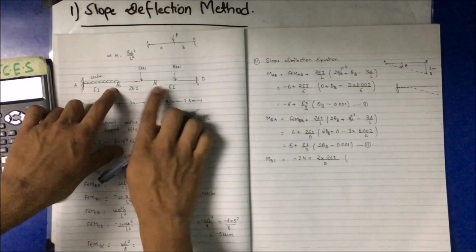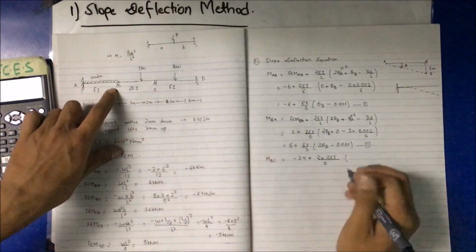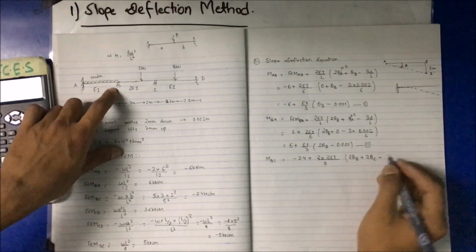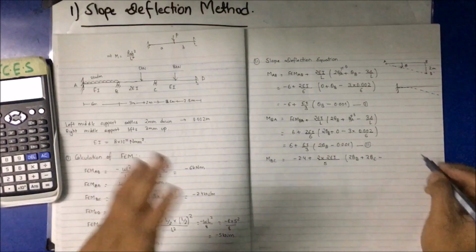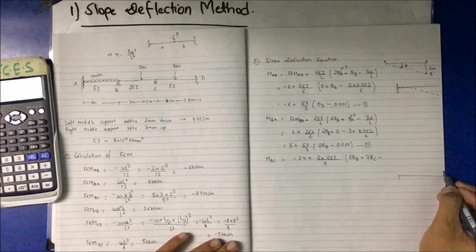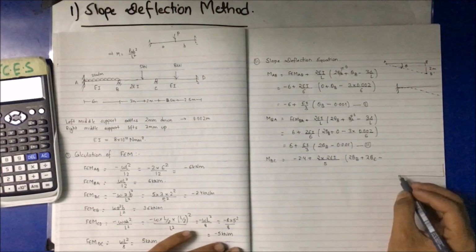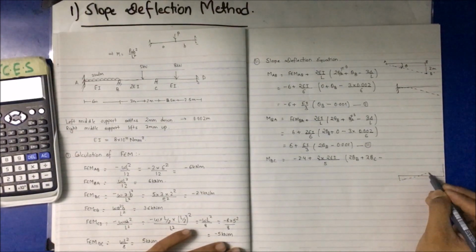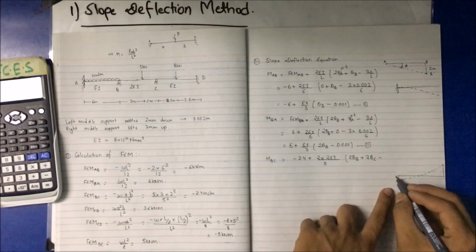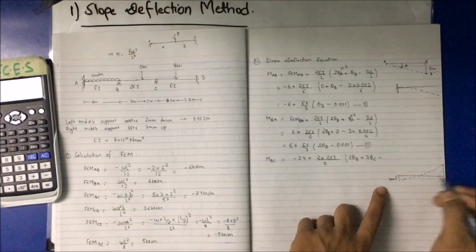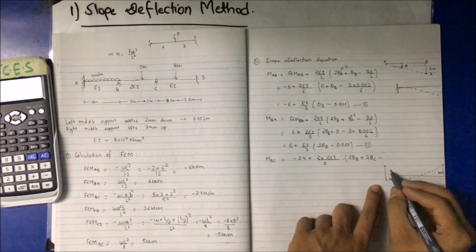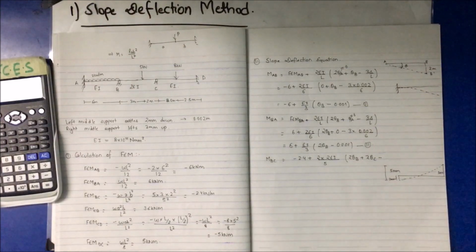Now both are roller, so it will have some rotation. 2 theta B plus theta C minus the displacement. Now you see both of them are displaced, and the net displacement is this being 2 mm downward and this being 3 mm upward, so the overall displacement here is 5 mm.